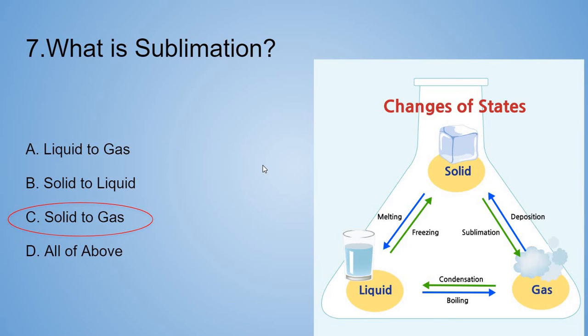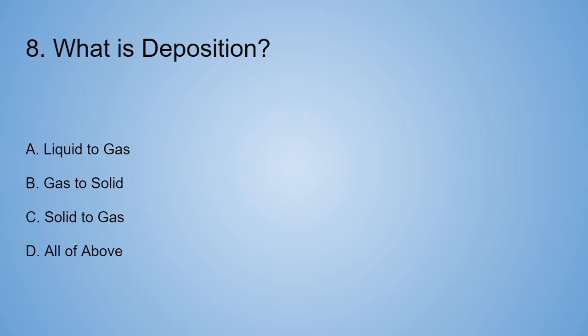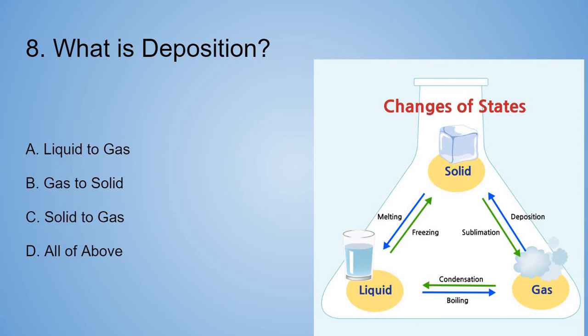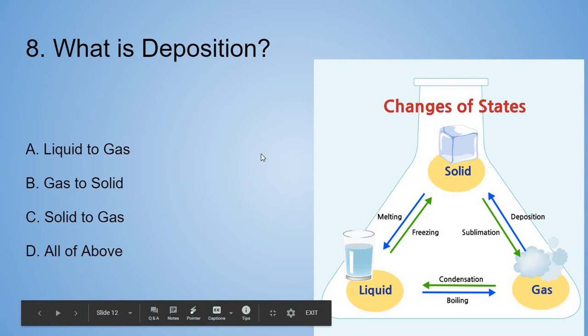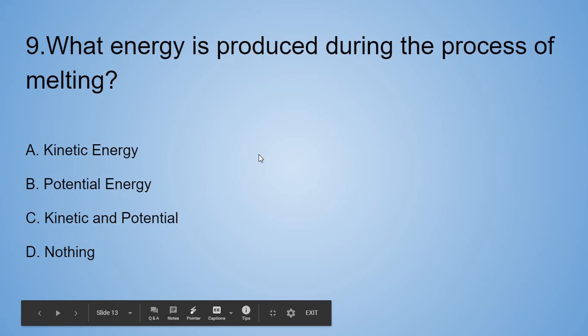Yes, that's the answer. The answer is C, solid to gas. Number 8. What is deposition? A, liquid to gas. B, gas to solid. C, solid to gas. D, all of above. Okay, let's see. In our little diagram helper here, deposition. That's gas to solid. And that's the answer.